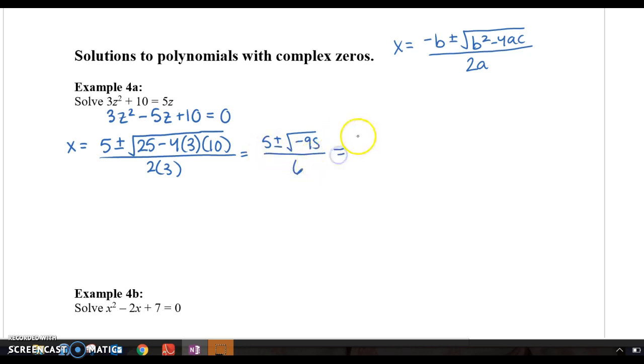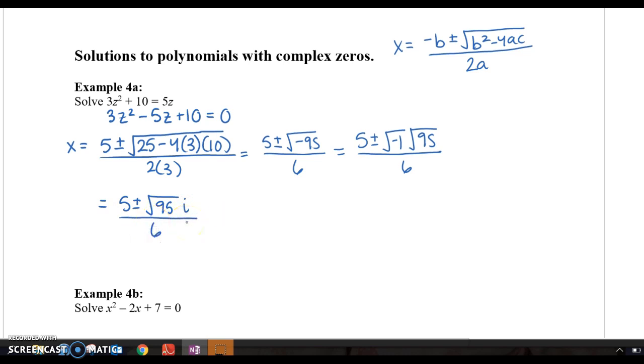Keep simplifying for a little bit. So 5 plus or minus the square root of -1 times the square root of 95, over 6, which is 5 plus or minus the square root of 95 i, over 6.